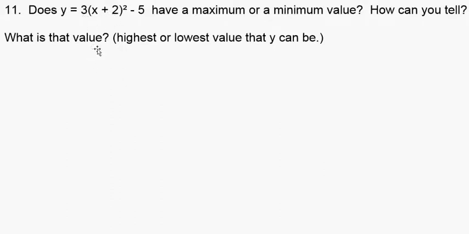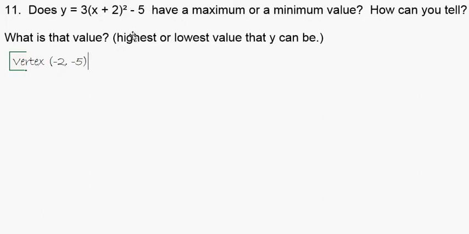As far as what the value is, I know that the value is the value of my y on the vertex, and I can say that my vertex is negative 2, because negative 2 makes my binomial 0, and the y value is negative 5, because I have a negative 5 in the vertex form.